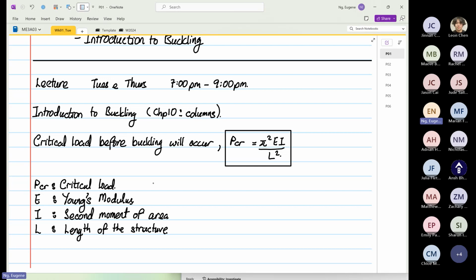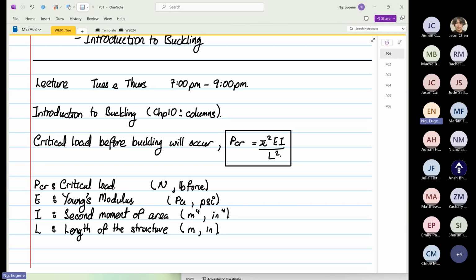For units, the load can be in Newtons or pounds force. Young's modulus is in Pascals or PSI, pounds per square inch. The second moment of area is in meters to the power 4, or in imperial, inches to the power 4. And the length is in meters or inches.